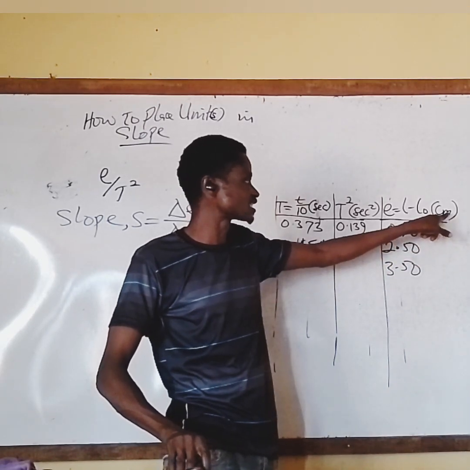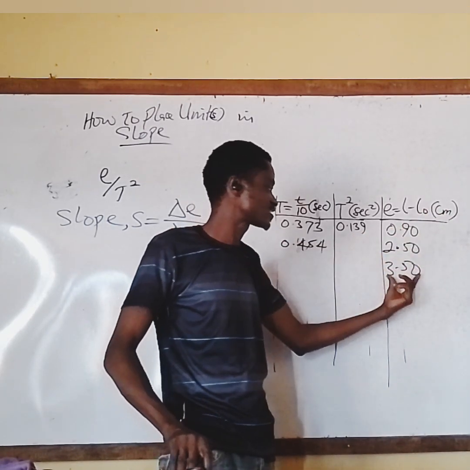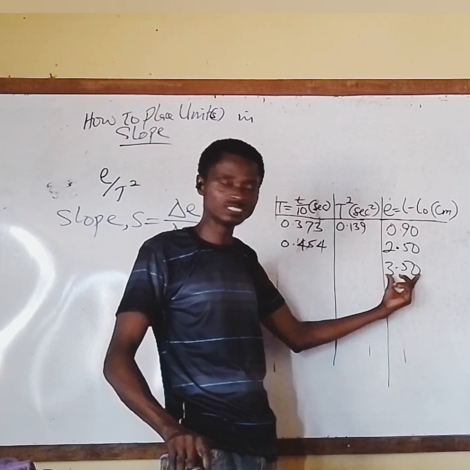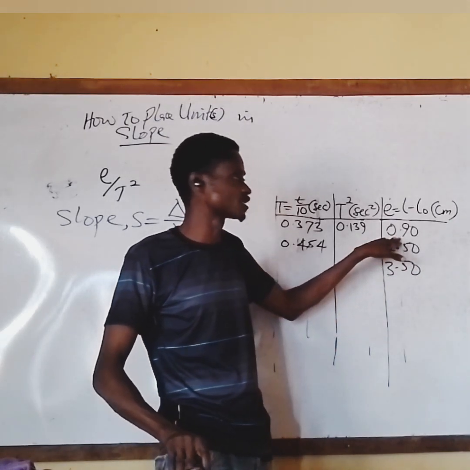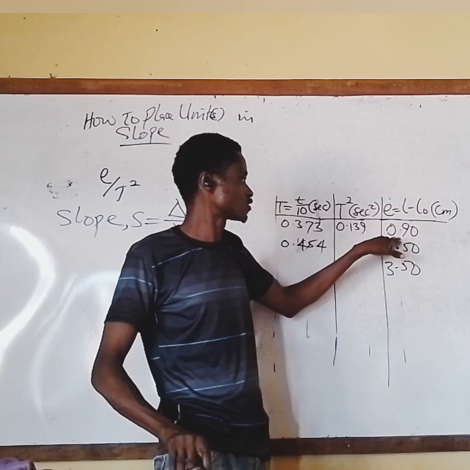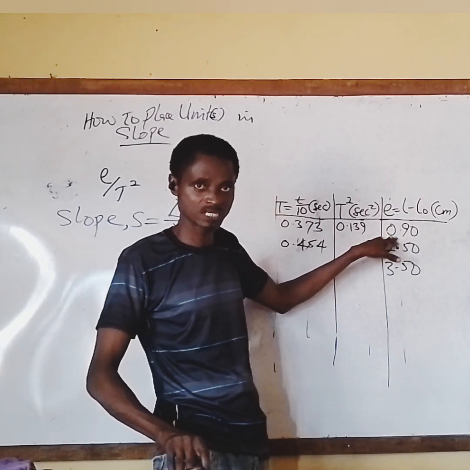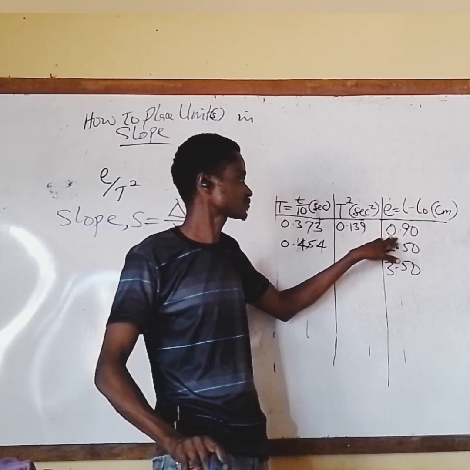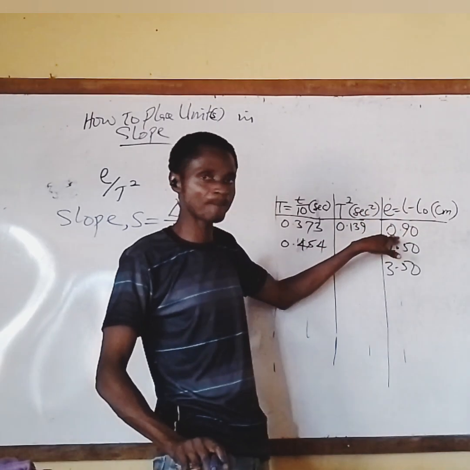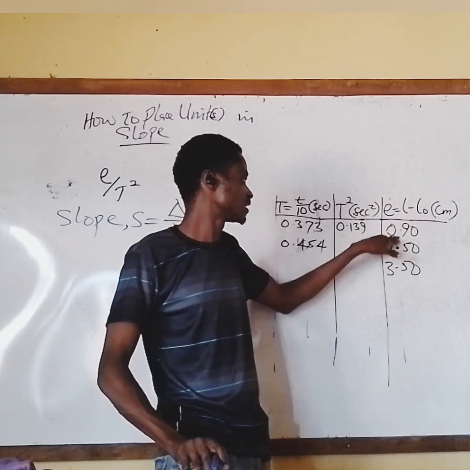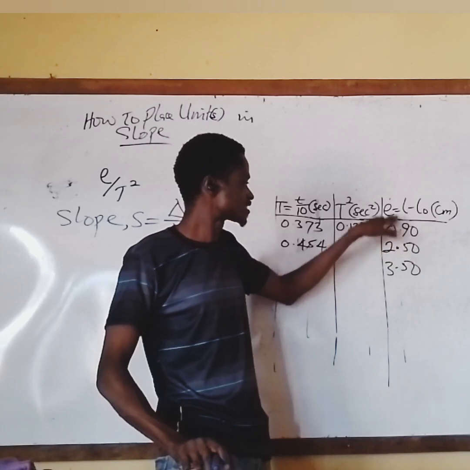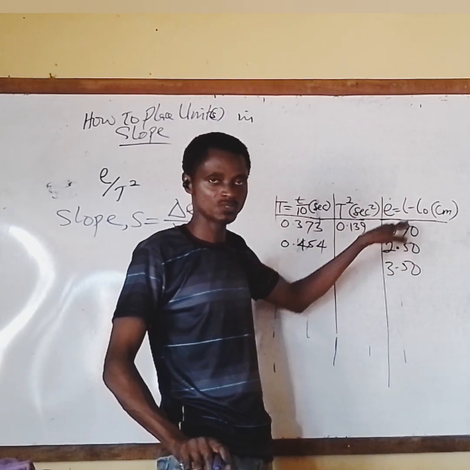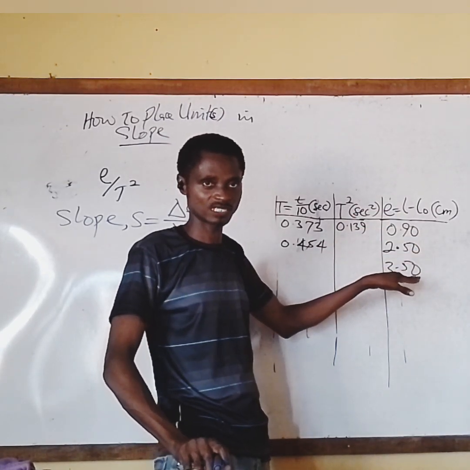If you are changing centimeter to meter, it will affect your values. So your readings, instead of the first one being 0.9, will be divided by 100 because you are taking it to meter. So 0.9 divided by 100 is 0.009. Is that clear?